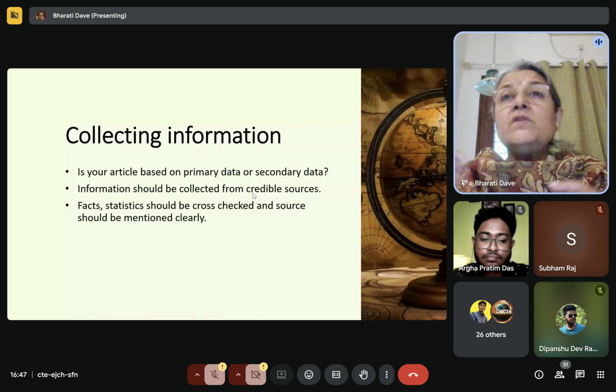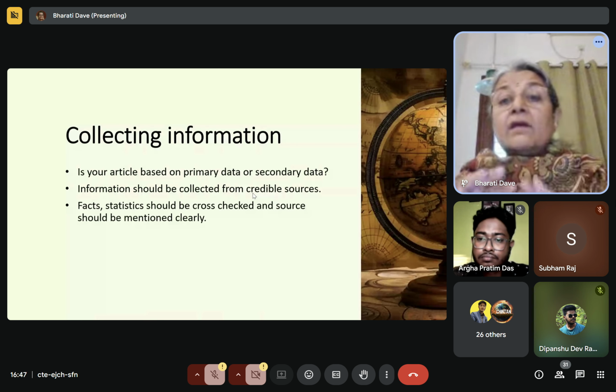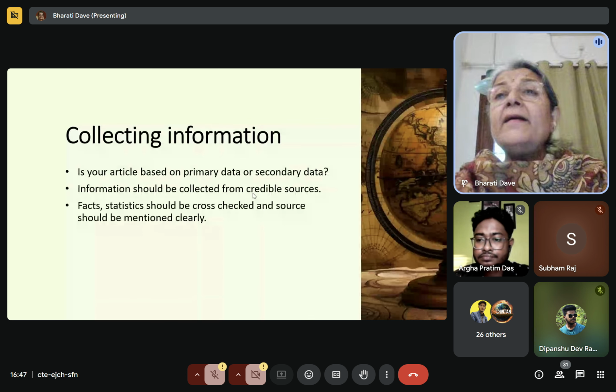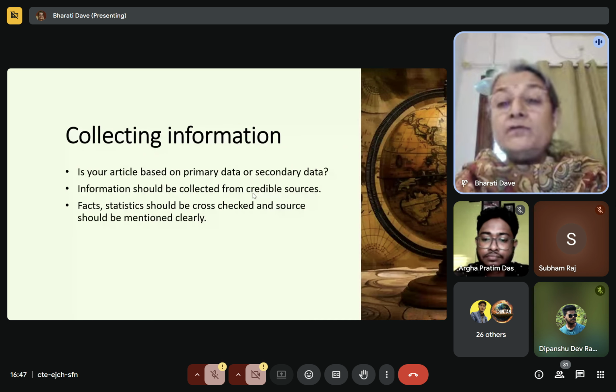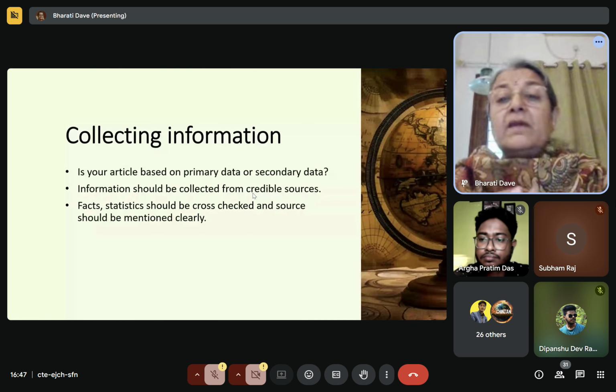Never think that something which has come in a newspaper or some article of somebody else is a credible source. Always go back to जहां से वो ओरिजिन किसी ने बताया है, go back to that source, and of course always mention कि ये हमारा source है.